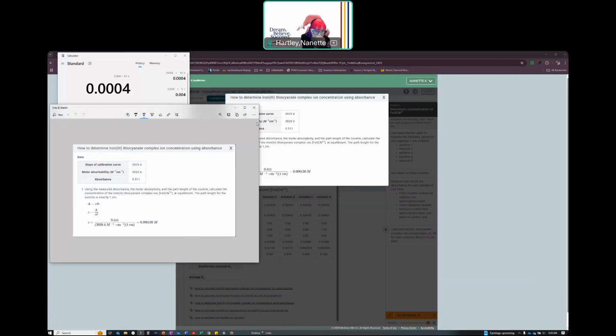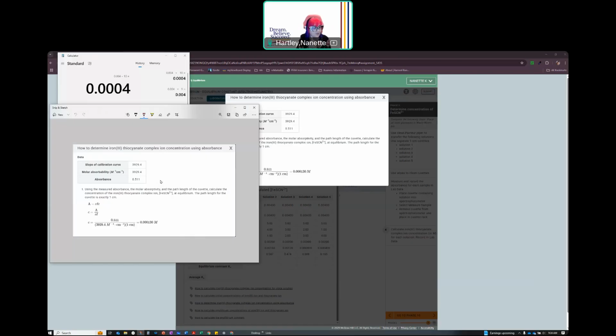And what does it say? It says the slope of the calibration curve, that number that we wrote down. The molar absorptivity is that number, and the absorbance is this. Using the measured absorbance, the molar absorptivity, and path length of the cuvette, calculate the concentration of the iron thiocyanate complex at equilibrium.